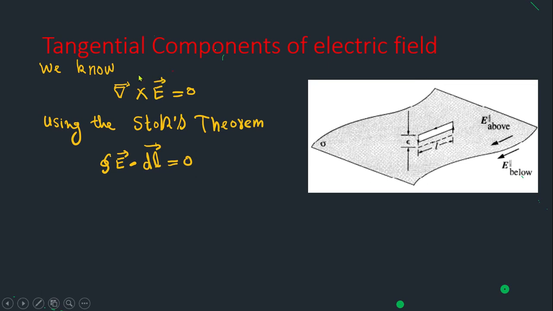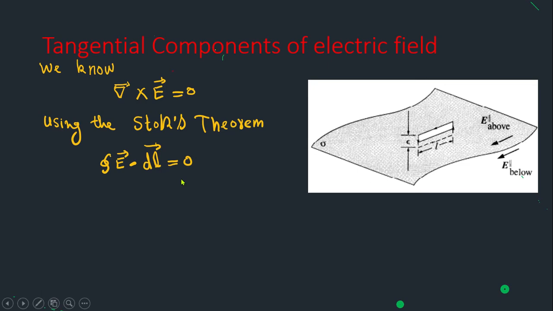What we have done is taken a surface integral of this curl, and then applied Stokes theorem, because Stokes theorem relates the curl of the electrostatic field to the closed line integral. So we can write this in this way here.